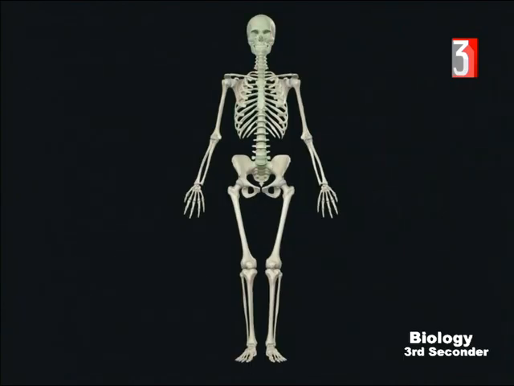Skeleton consists of two types: axial skeleton. Axial skeleton consists of skull, vertebral column, and rib cage.